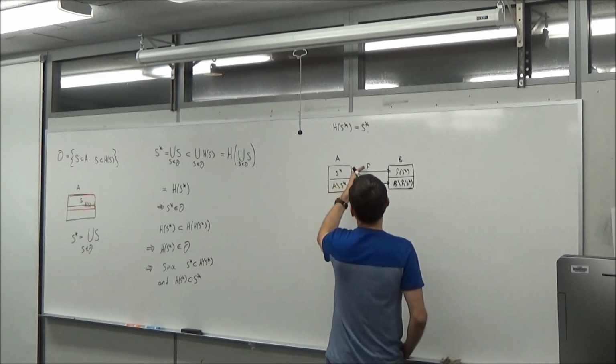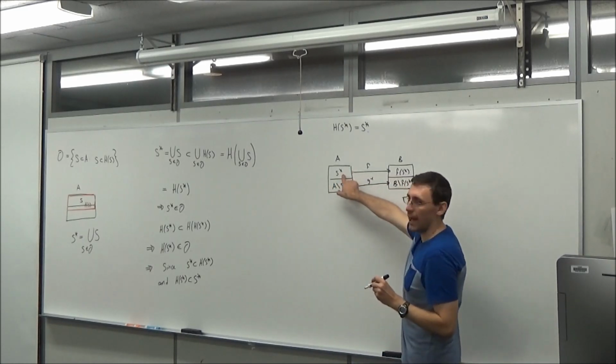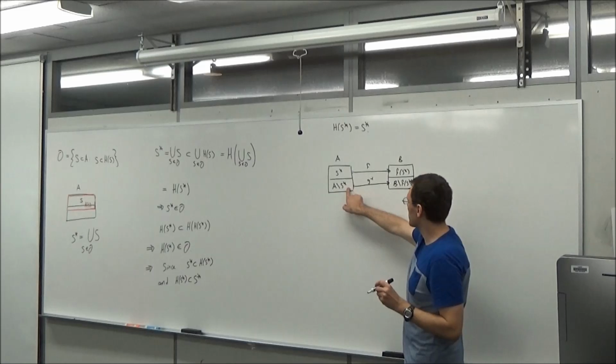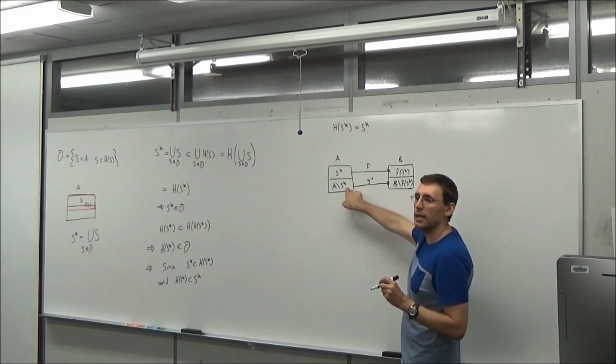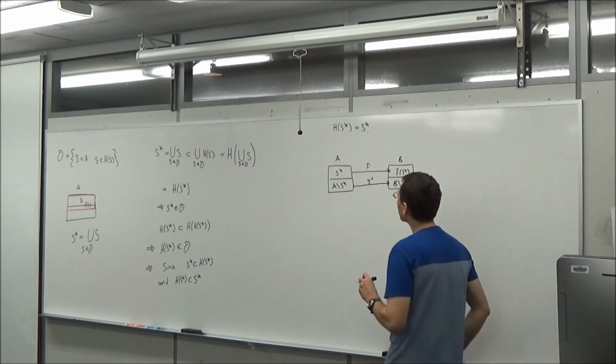So the function defined by this picture, defined to be F on S star and to be G inverse on A throw away S star, is our bijective map.